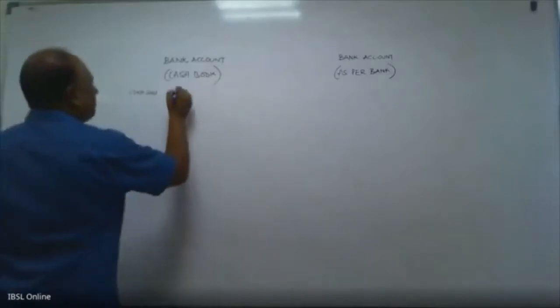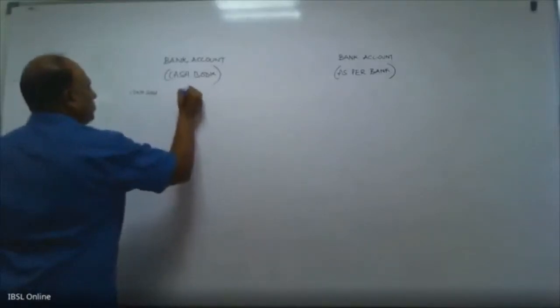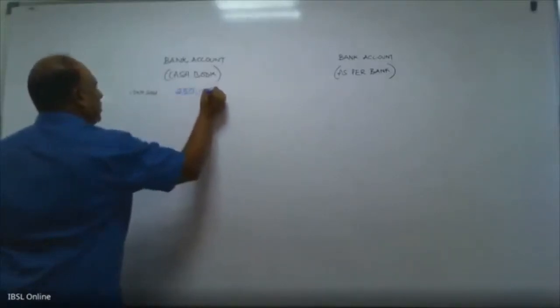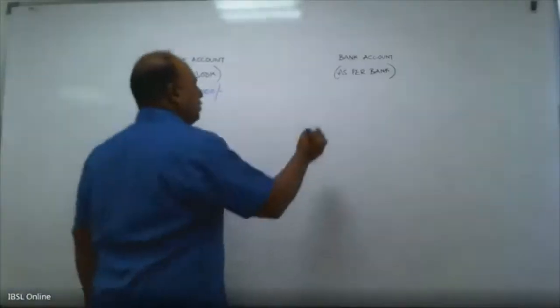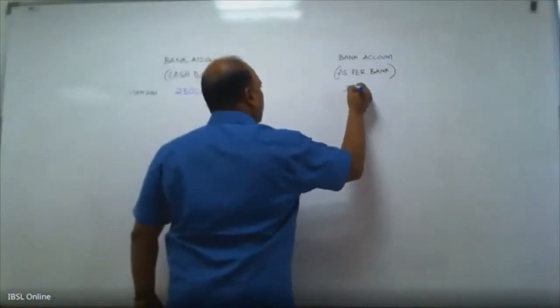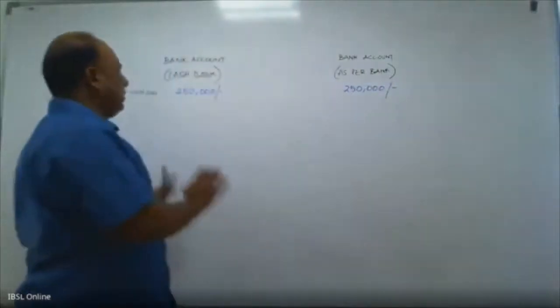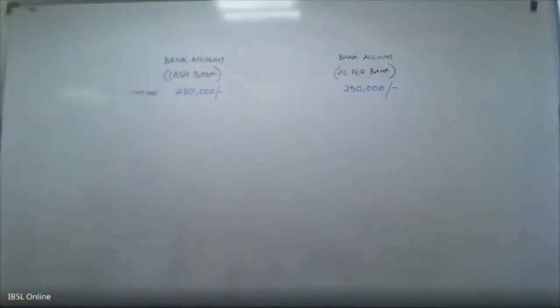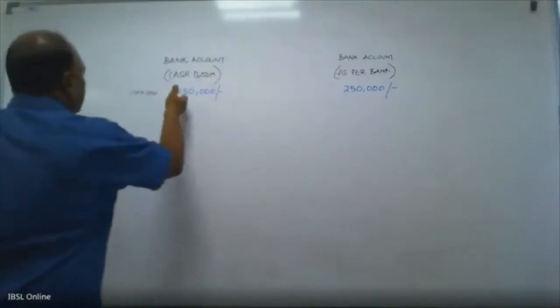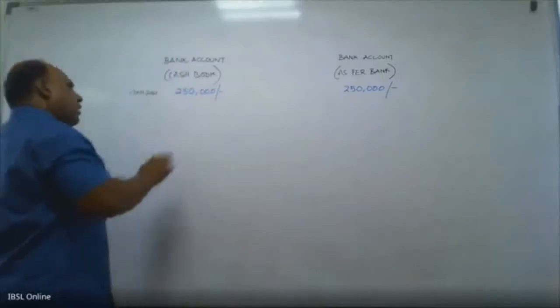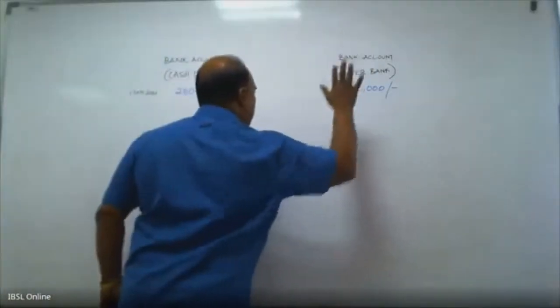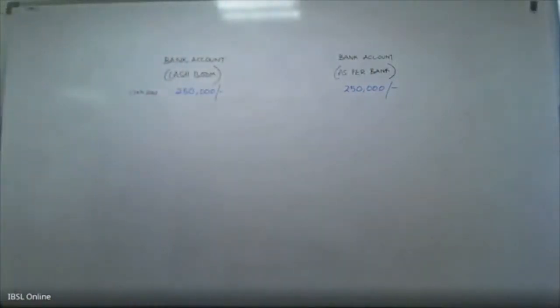Here you have 250,000. Here also you have 250,000. Okay, we are starting with an equal position. Your cash book also says your bank balance is 250, and the bank is also saying that your bank account balance is 250.